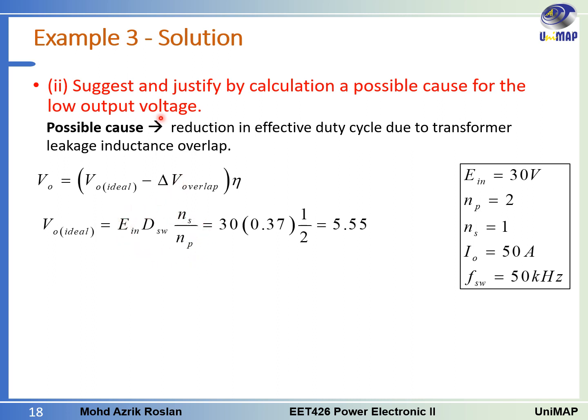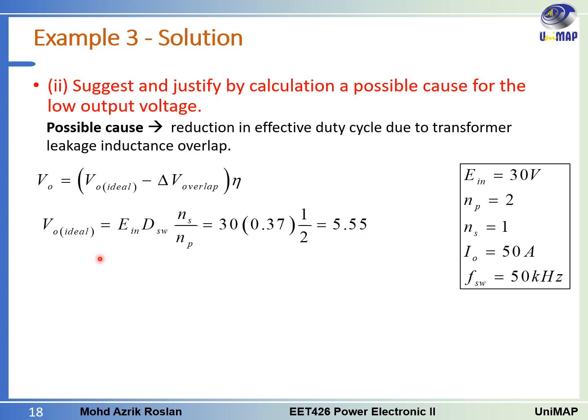Then we have the 30 multiplied by 0.37. This is the duty cycle after we adjust. When we think that the efficiency is the problem, we adjust to this value, and then this is the NS over NP, and then we'll get 5.55.